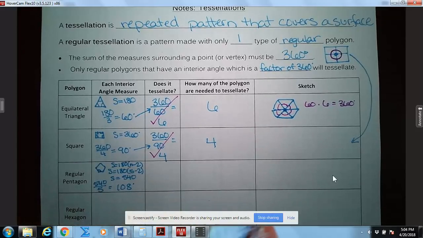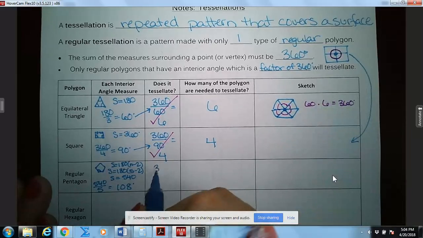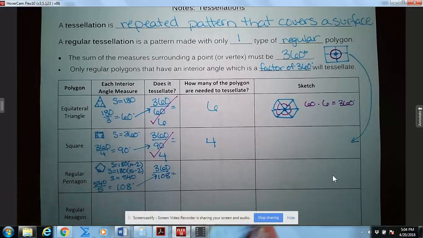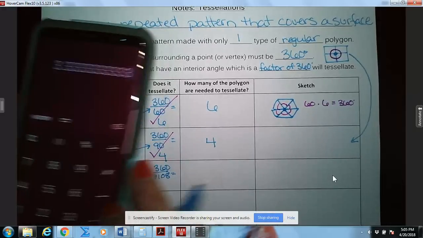Okay, well, let's see if that's a factor of 360. 360 degrees divided by that 108. The calculator's not working, sorry. 360 divided by 108 is 3.333333333.